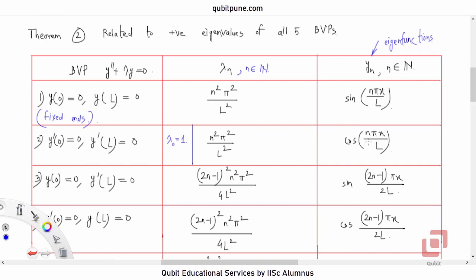This is basically the same thing, and if you know the eigenvalue, then you can immediately guess what the inside of the trigonometric function is. But let me also write y naught here. y naught is equal to 1.